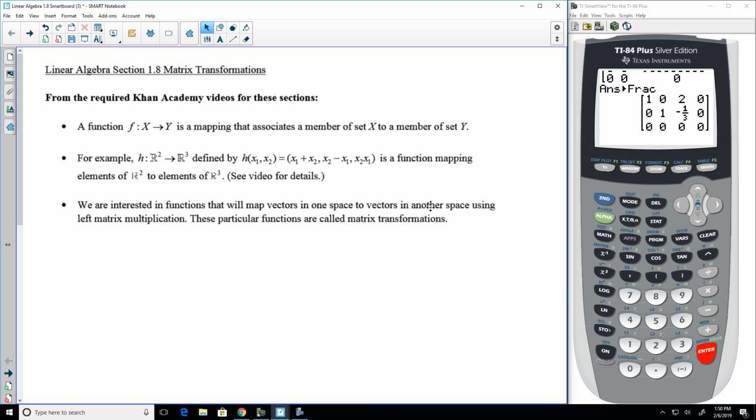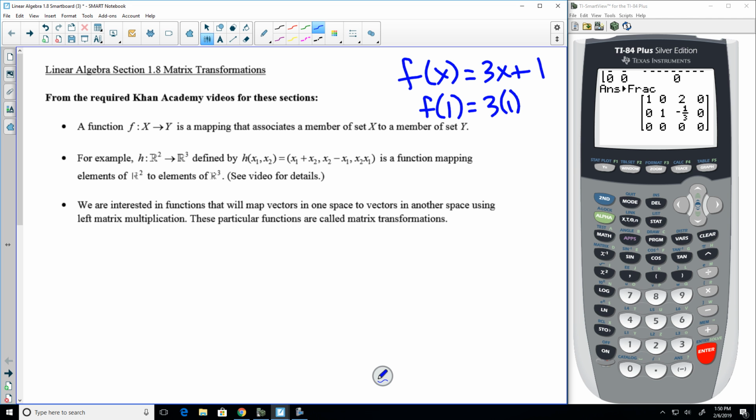So if you think about this kind of definition, you plug in a number from a set, and it spits out a number from maybe another set, or maybe the same set.